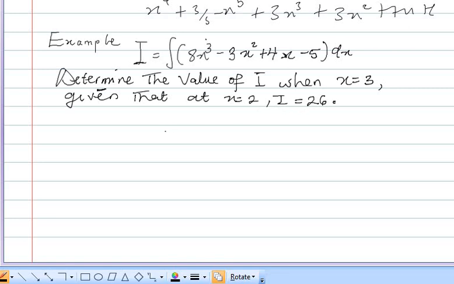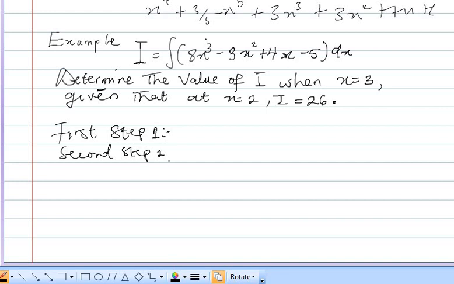So there are 4 steps to solve these problems. The first step, step 1, is to perform the integration. And then the second step, step 2, is to express the resultant function in nested form.